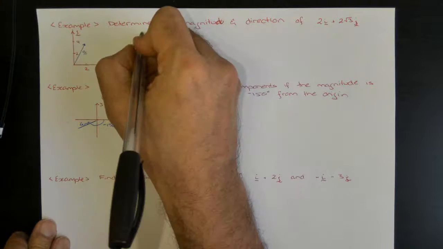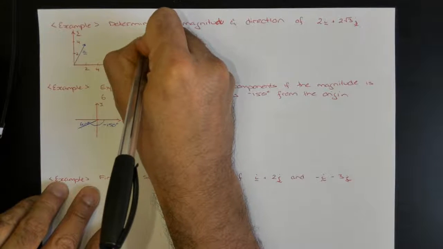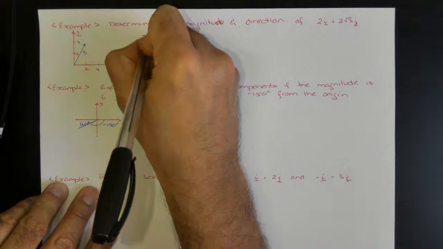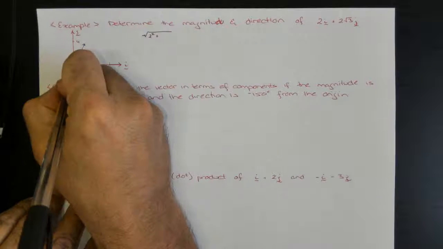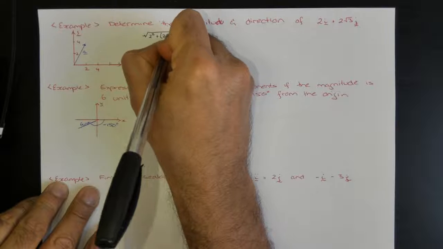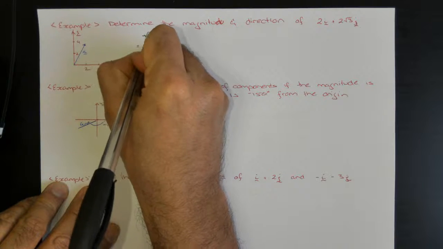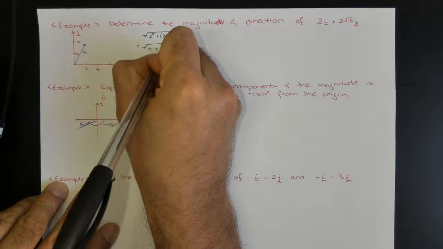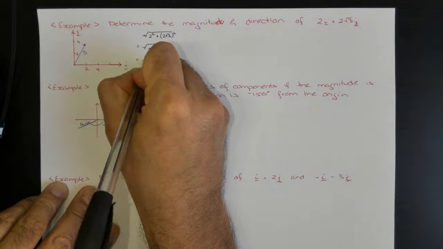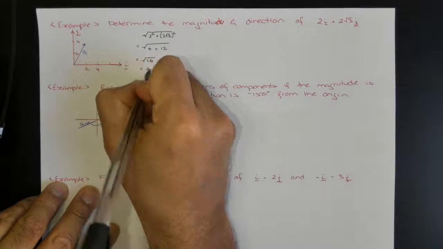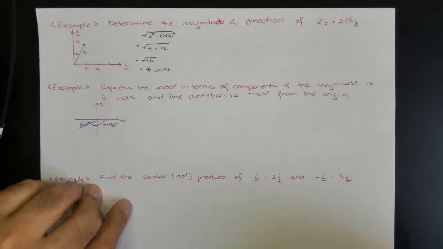So the magnitude is going to be the square root of how many units is going in the i direction squared plus how many units is going in the j direction squared. So it's 4 units. Okay, that's the magnitude.